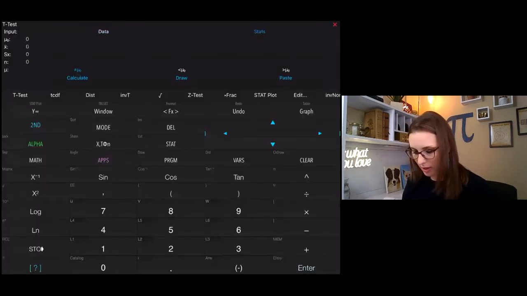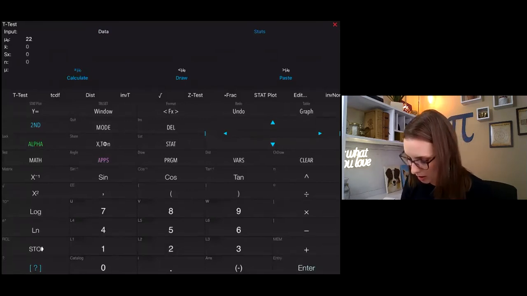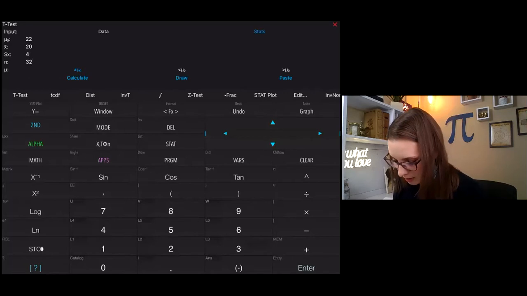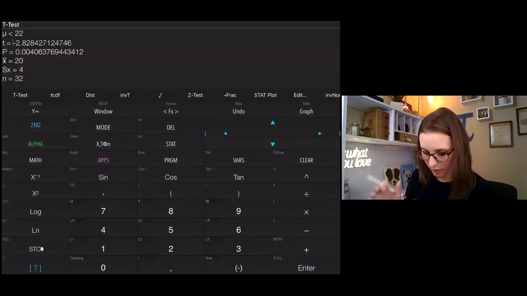It's stats. I'm going to input my population mean, my sample mean, my sample standard deviation, and the number of samples. And then this is left-tailed, calculate.